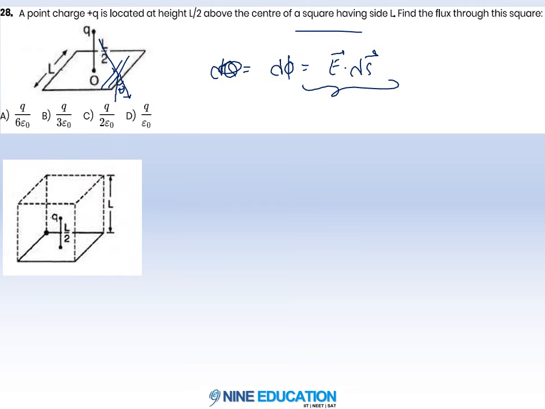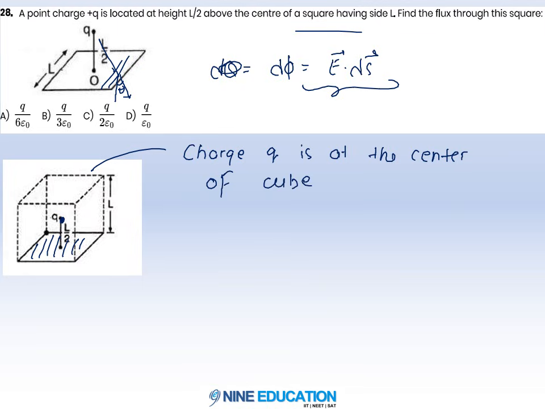So what you can consider is that this face is a part of a cube, and charge q is placed at the center of the cube. So by using Gauss law, the total flux is q enclosed by epsilon naught.